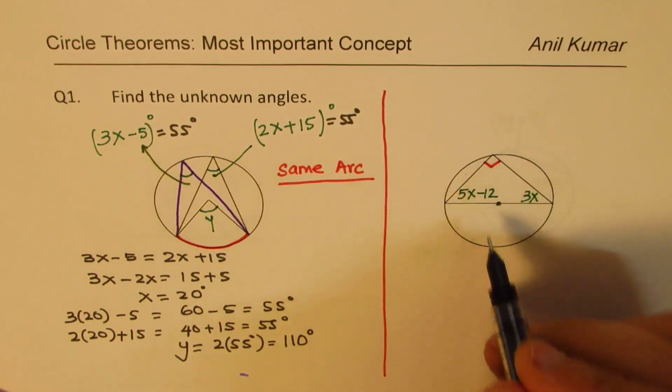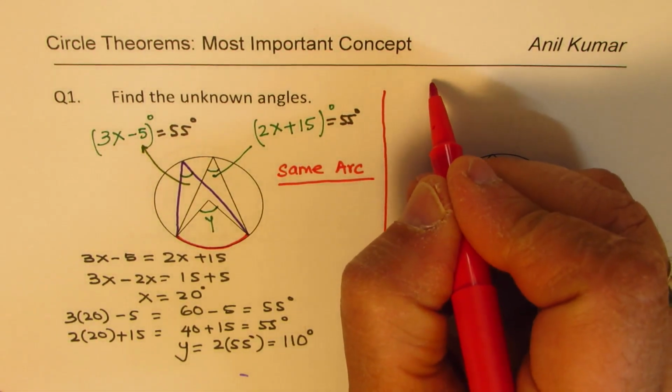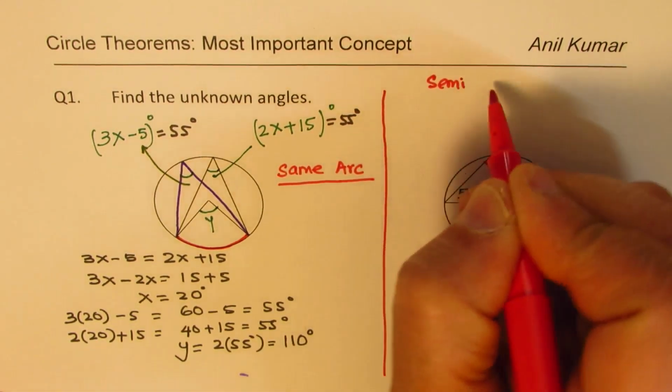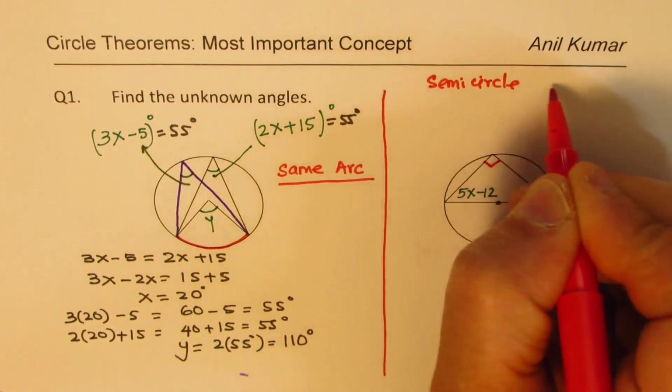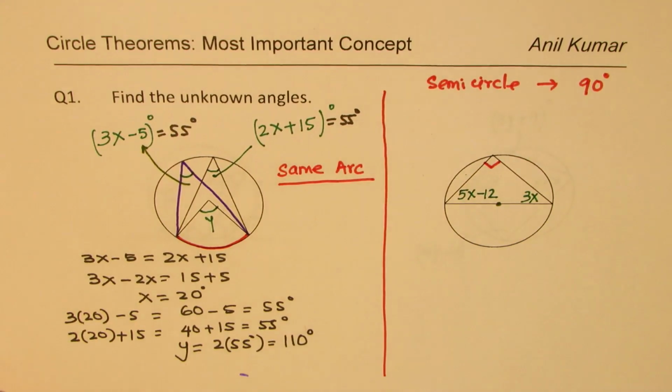Now in the second case, what are we looking at? We are looking at a semicircle, right? So semicircle. So that is what we are looking at. So as soon as you see semicircle, we know this is forming a 90 degrees angle. Now that helps to solve this particular question, right?